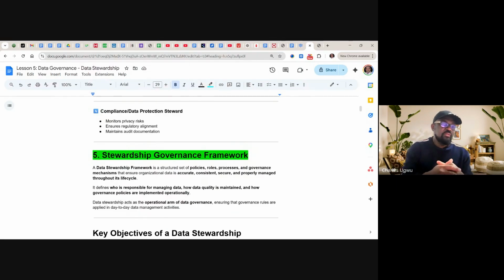It defines who is responsible for managing data, how data quality is maintained, and how governance policies are implemented operationally around data. So it acts as the operational arm of data governance, ensuring data governance rules are applied in day-to-day data management activities.